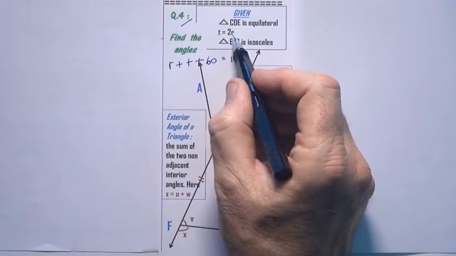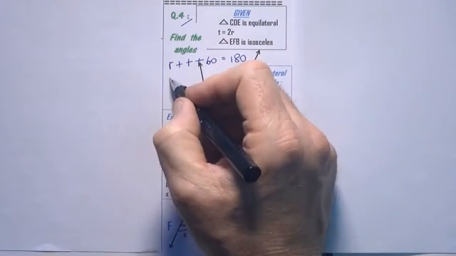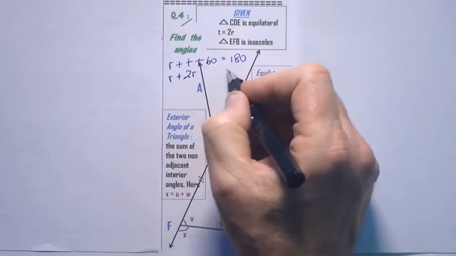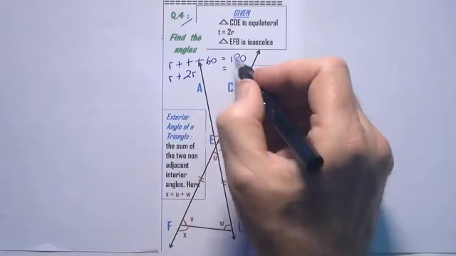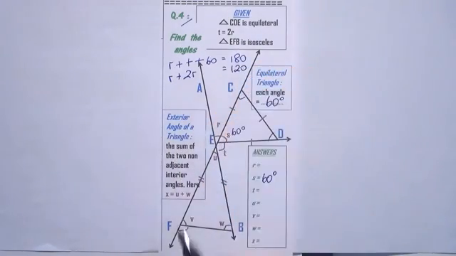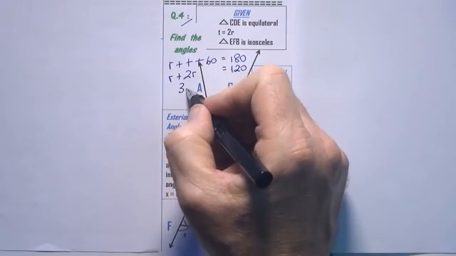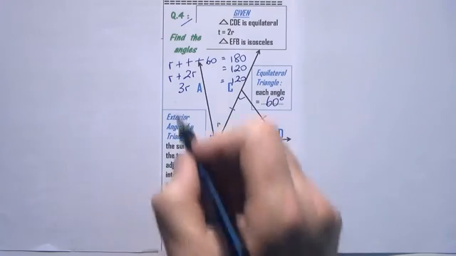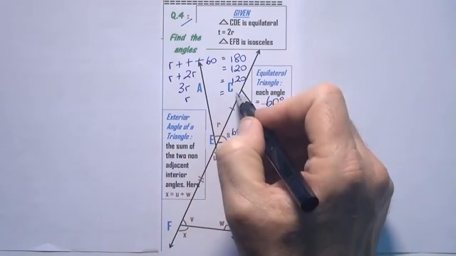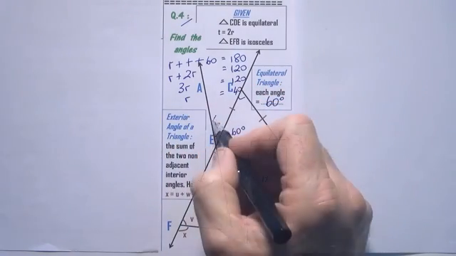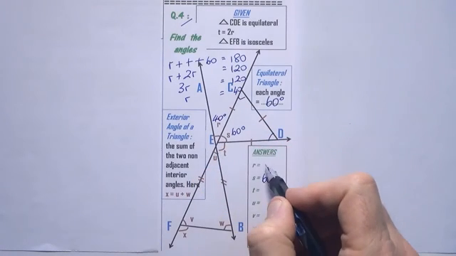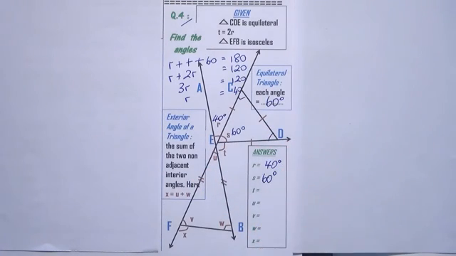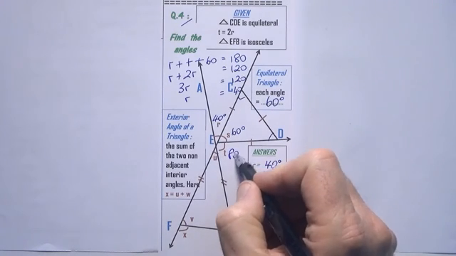Substitute 2R for T and I get R plus 2R, and then I'll take 60 from 180 and get 120. And that will mean 3R equals 120, and that will mean R equals 40. And T is 2R, T is 80 degrees.